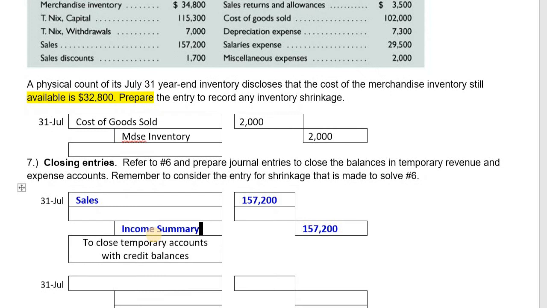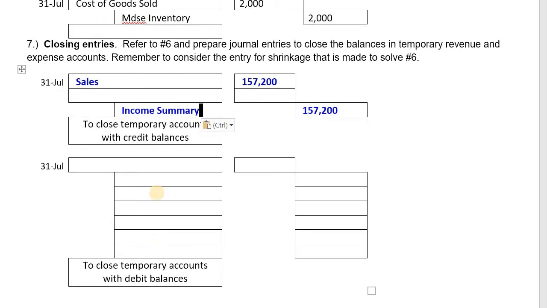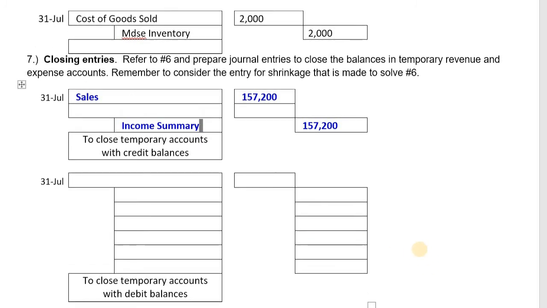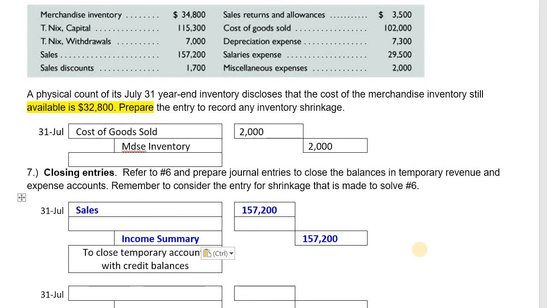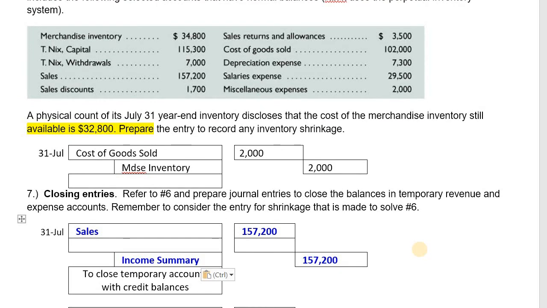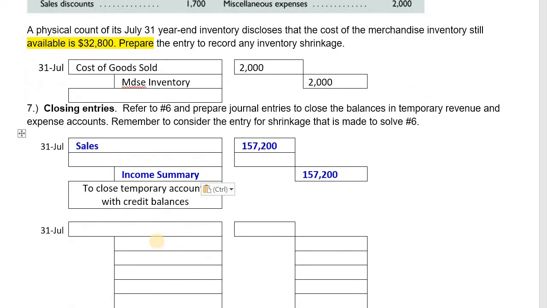Okay. How about the other accounts? Let's roll. What are our expenses? Sales discounts, 1,700. Returns and allowances, 3,500.